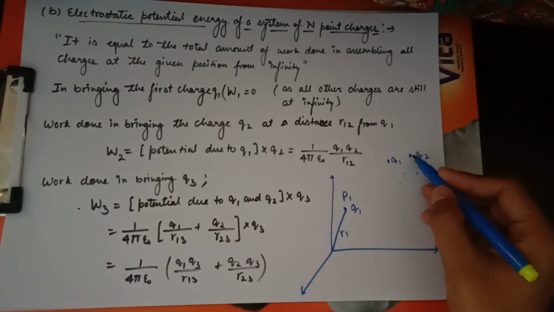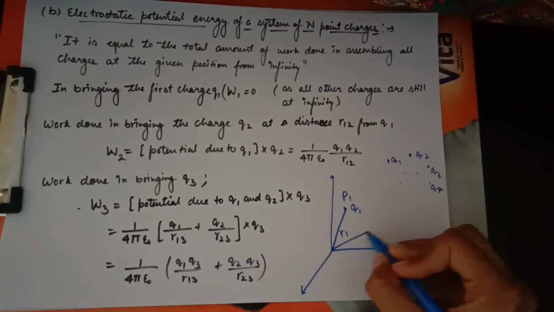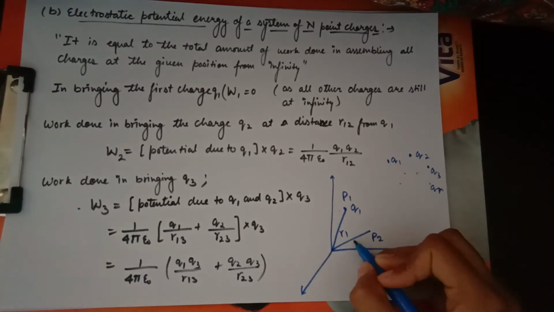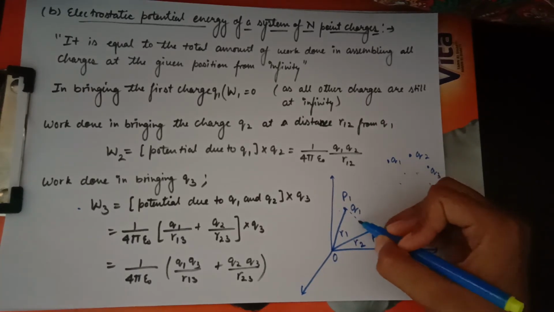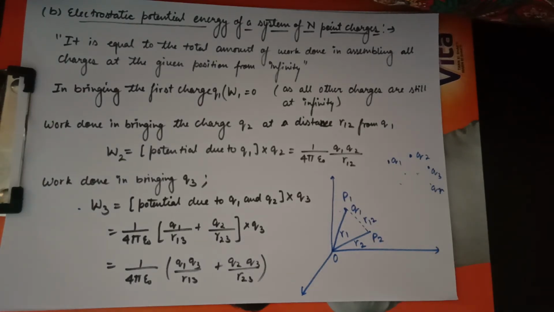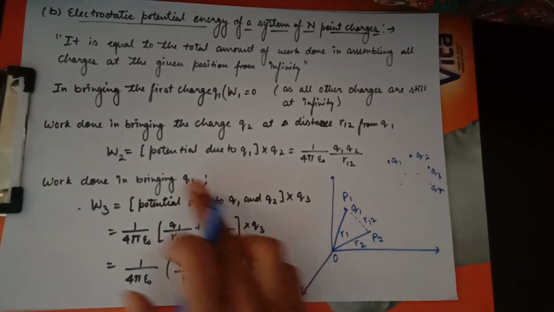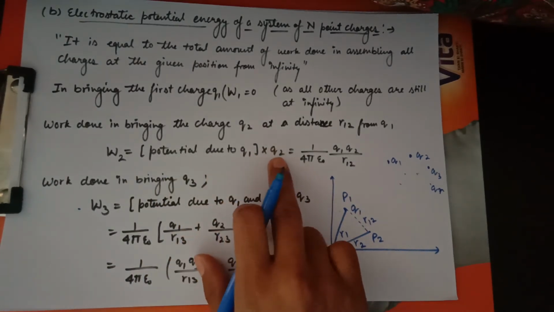Next I brought the charge q2 from infinity to a point p2, which is at a distance of r2 from the origin, and the distance between these two charges is r12. So now the work done will be equal to the potential due to q1 times charge q2.